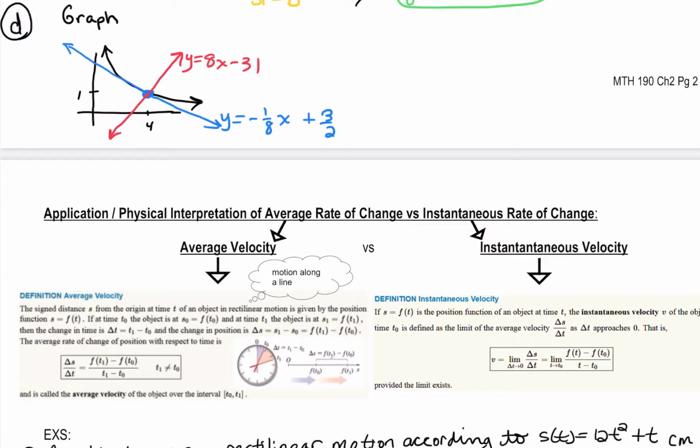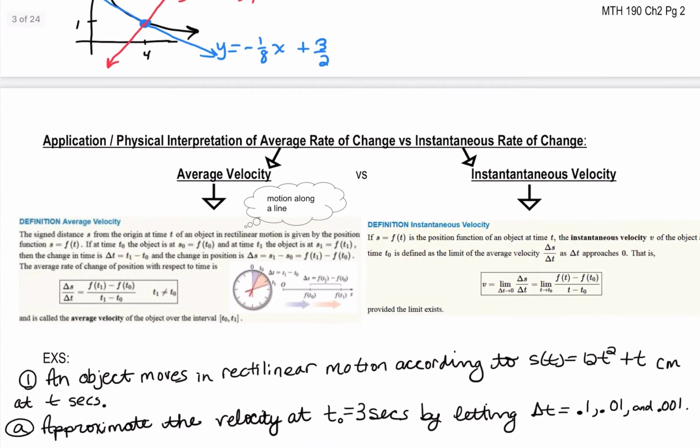What I'd like you to think about is, suppose you are driving in your car and your speedometer is broken, so you can't see your speed or your velocity. Velocity is just speed with a sign associated with it, positive or negative.